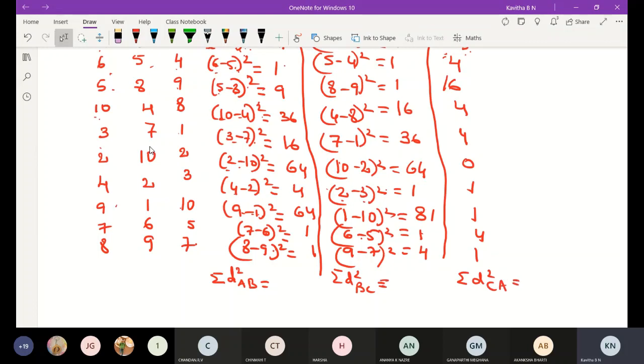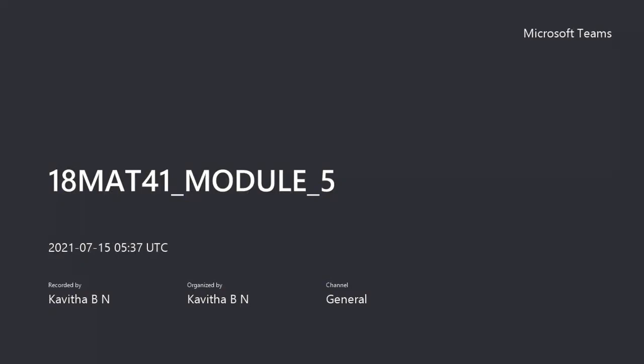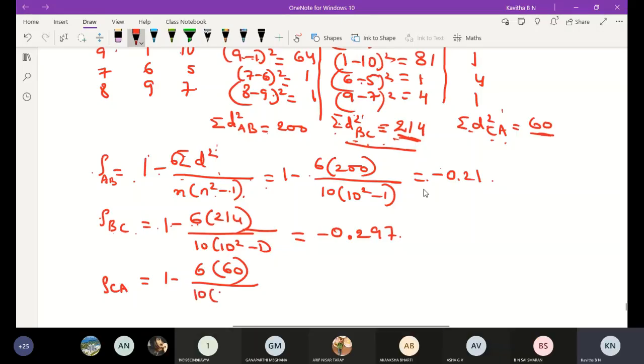Okay, then write down 10 into 10 square minus 1. Then simplify, you will get 0.636. And carefully observe here, rank of AB is negative, rank of BC is also negative, but rank of CA is positive.